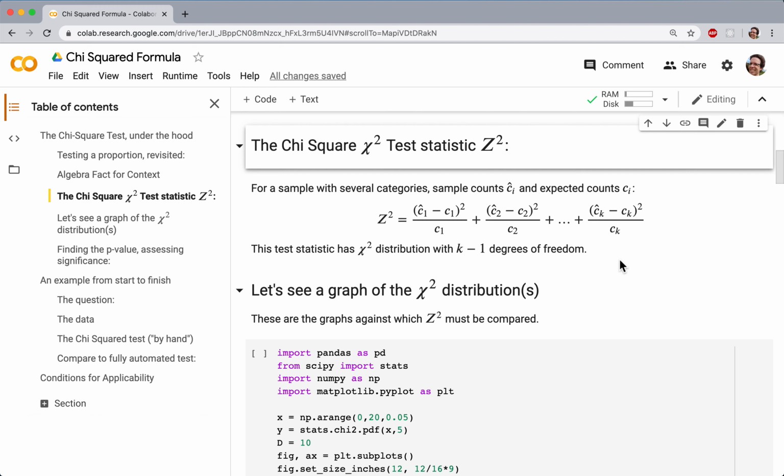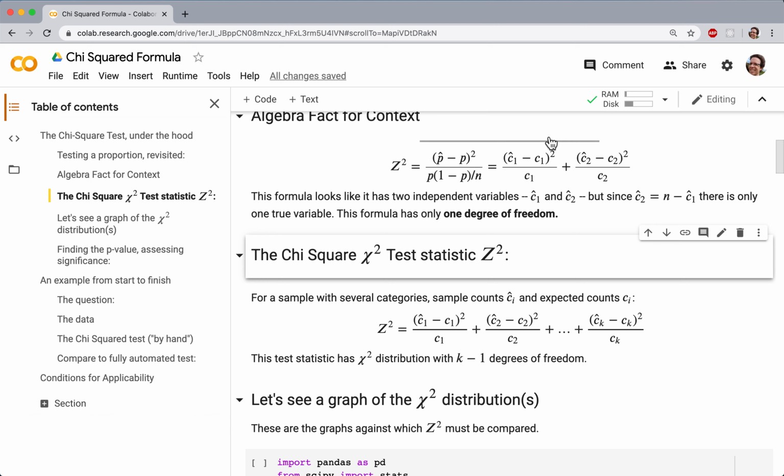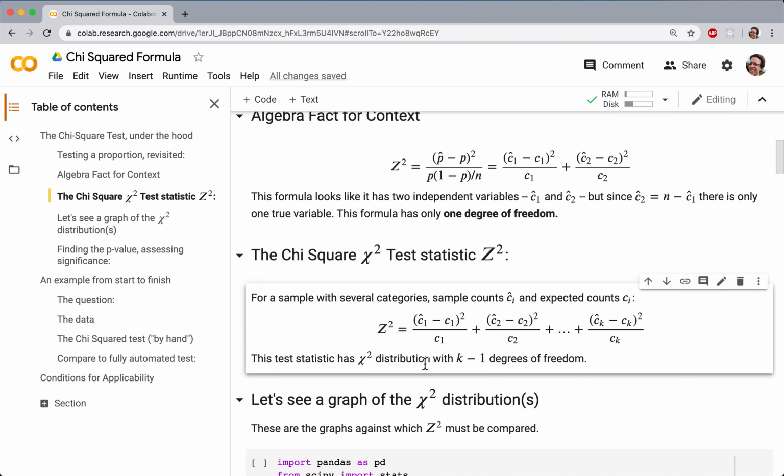So what we do is we take this formula up here and we just generalize it to having many categories. We calculate the square of the difference and divide by the anticipated count, and then we add up all of those, and that gives us a new test statistic, which we call z-squared. And that test statistic has a chi-squared distribution with, we say, k minus 1 degrees of freedom.